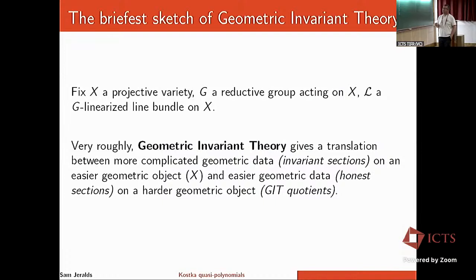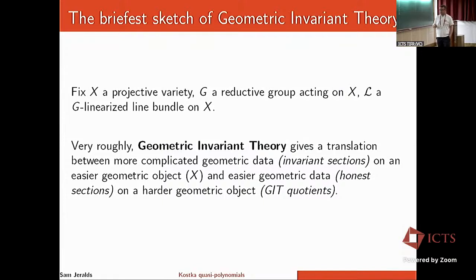So first, say you have a projective variety X and some reductive group acting on it, and you fix a G-linearized line bundle on X. Then one application of projective GIT is that you get a translation between more complicated geometric data, so G-invariant sections of this line bundle on X, on an easier geometric object, just a projective variety.